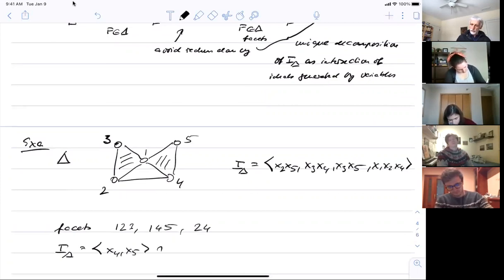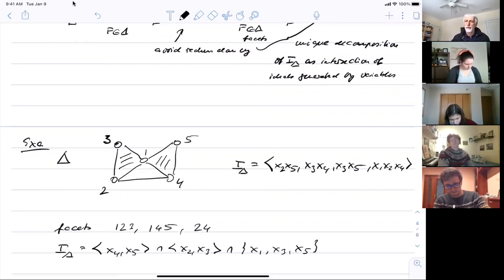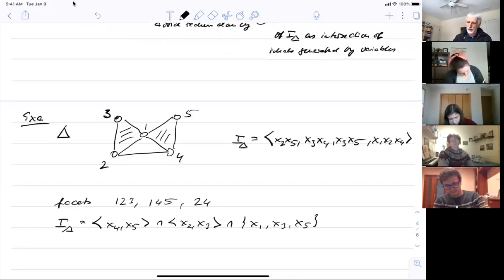The complement of 1, 4, 5 is 2 and 3. And 2, 4 has as complement 1, 3, and 5. Okay, I better pause. Questions on the example or other questions?